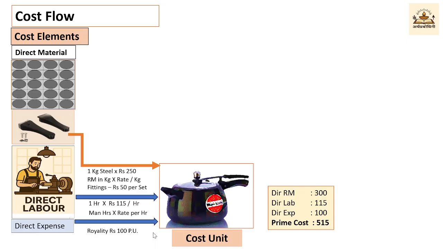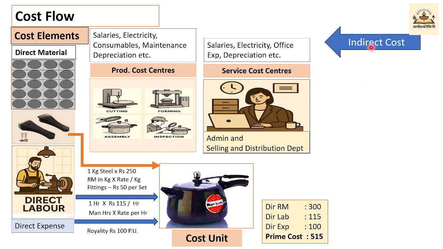Now we'll go to the indirect cost. What are these indirect costs and how are these captured in this final product? Indirect costs are salaries of indirect staff, that is supervising staff, quality staff, or maintenance staff, and the salaries of administration staff and selling and marketing people.